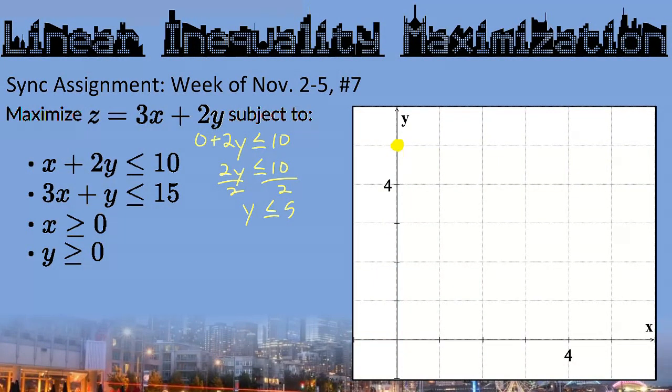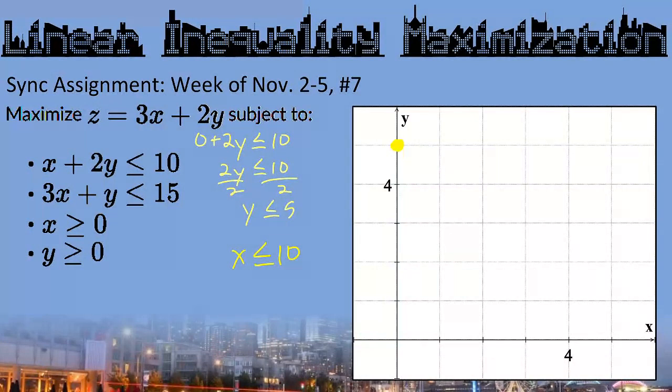And then I need to pick a point for my y value. Put in 0 for y. And when I do that, I get x is less than or equal to 10. So that means going down 5 to the right 10.